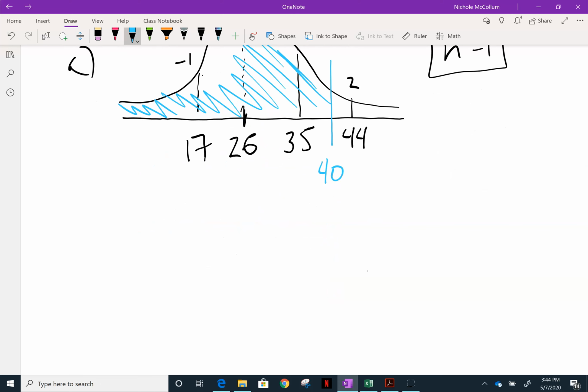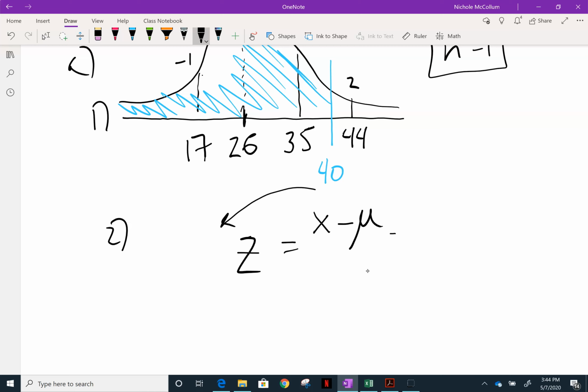The technique we used is the following. Part A, or step 1, draw a quick picture. Step 2, change your X value to a Z value. The good news is, in our previous video on normality, we talked about the transformation formula Z. This transforms an X value to a Z. That arrow is going the wrong direction.